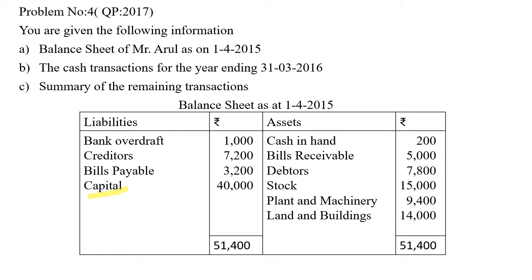You can check the assets and liabilities: cash in hand, bills receivable, debtors, stock, plant and machinery, land and building, liabilities, bank overdraft, creditors, bills payable, and opening capital of rupees 40,000. Next, the cash account is given in the problem. That means step number 2 is not required.